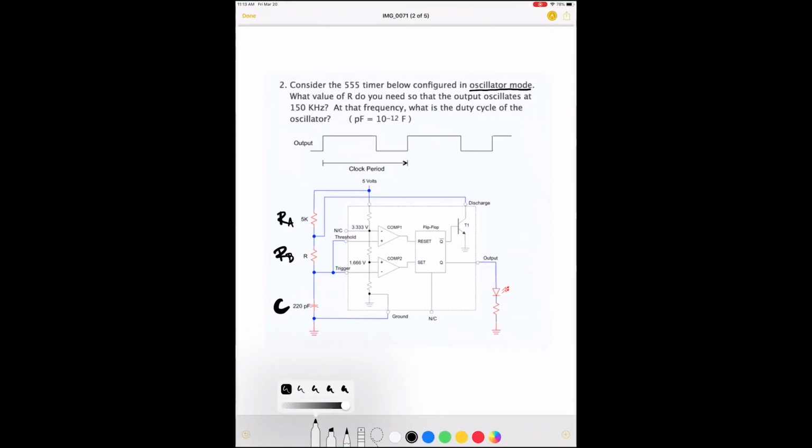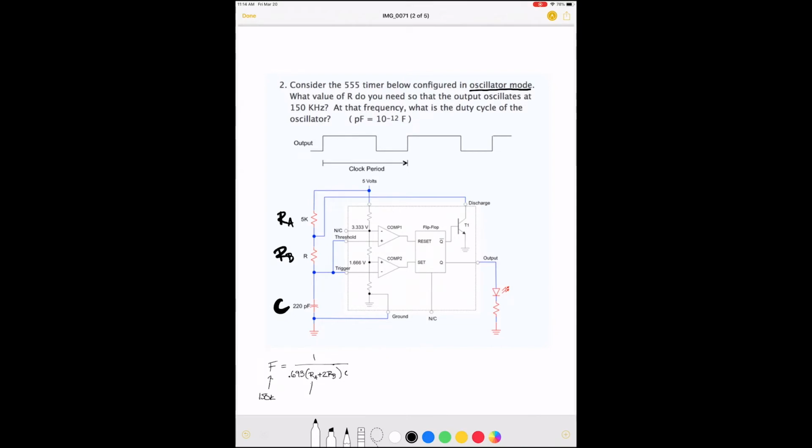So let's solve for the first one. We're going to write down the equation. So F is equal to 1 all over 0.693 times RA plus 2RB multiplied by C. And we know that this is 150,000.